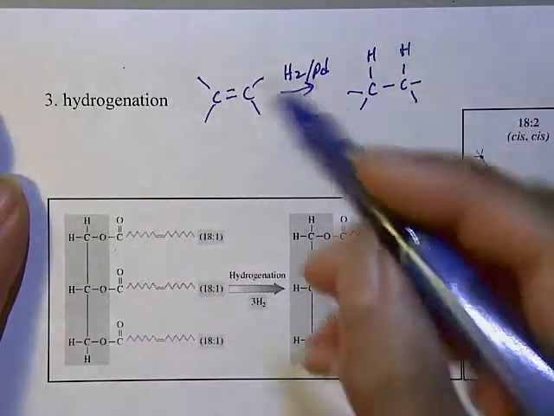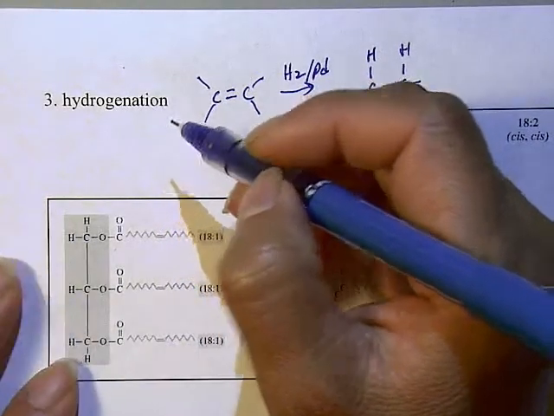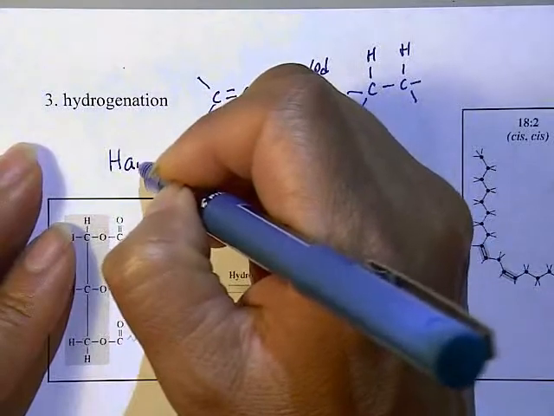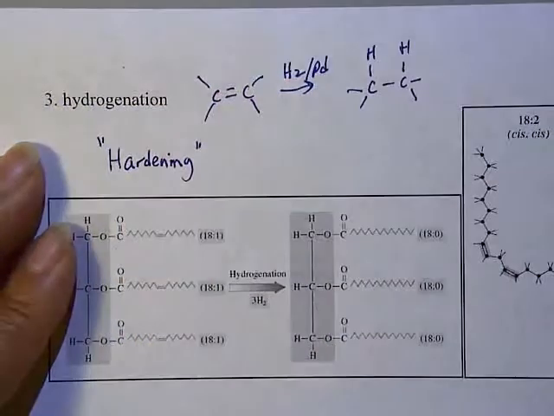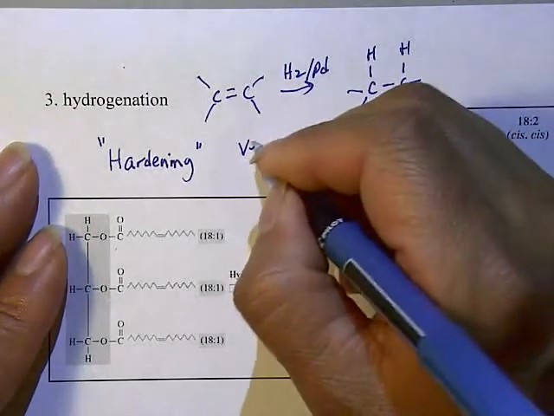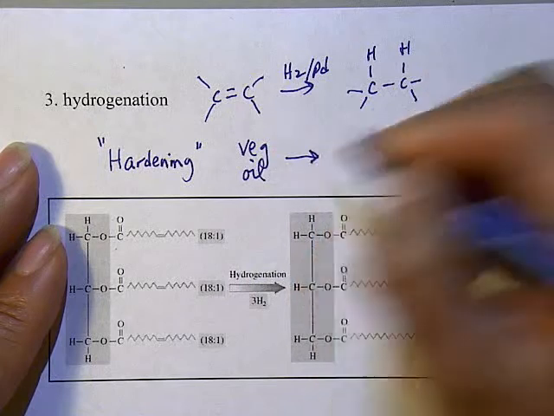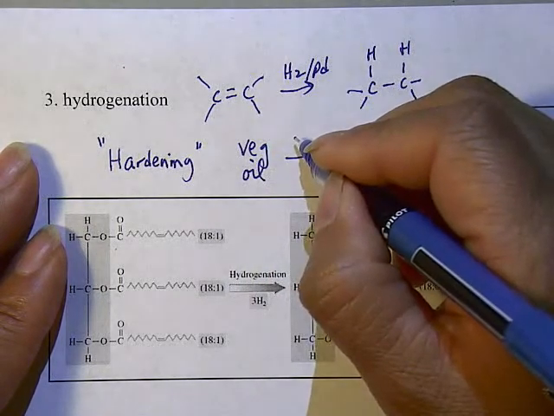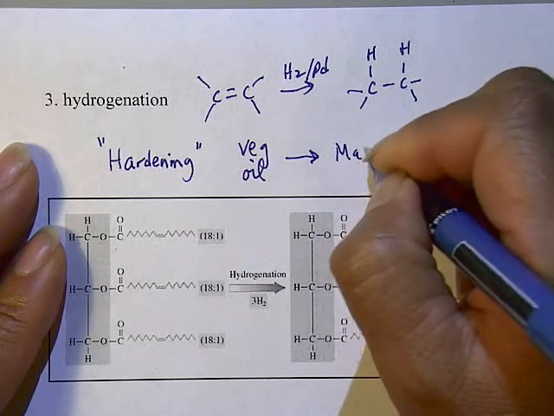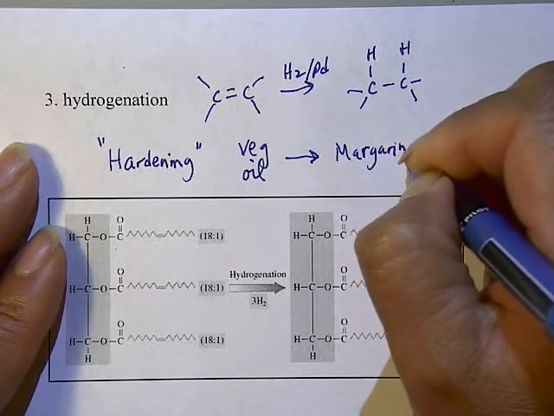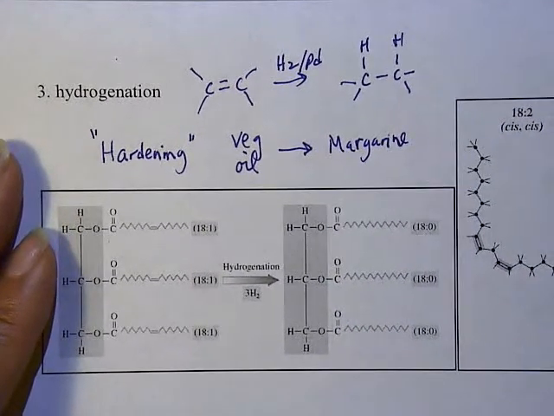All right, and this is the process that is used in the industry, and that's called hardening process, in which when we take vegetable oil that has double bonds in them, and you do hydrogenation, then you are making sort of a slightly solid compound.